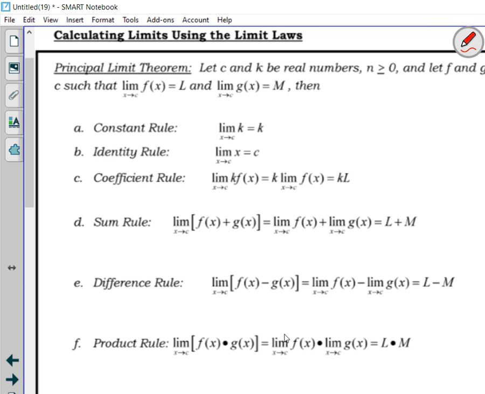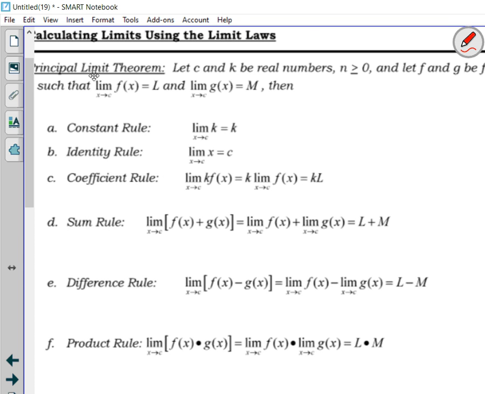As long as individual function pieces have limits that are defined, then I can take the limit of sums, of differences, of products, and quotients, and a number times a function. I can do a lot of limit calculations fairly easily.